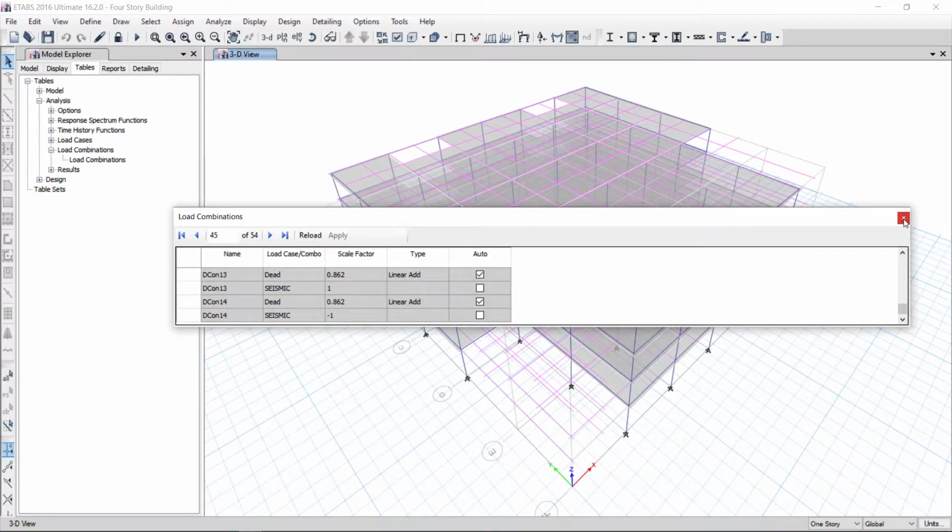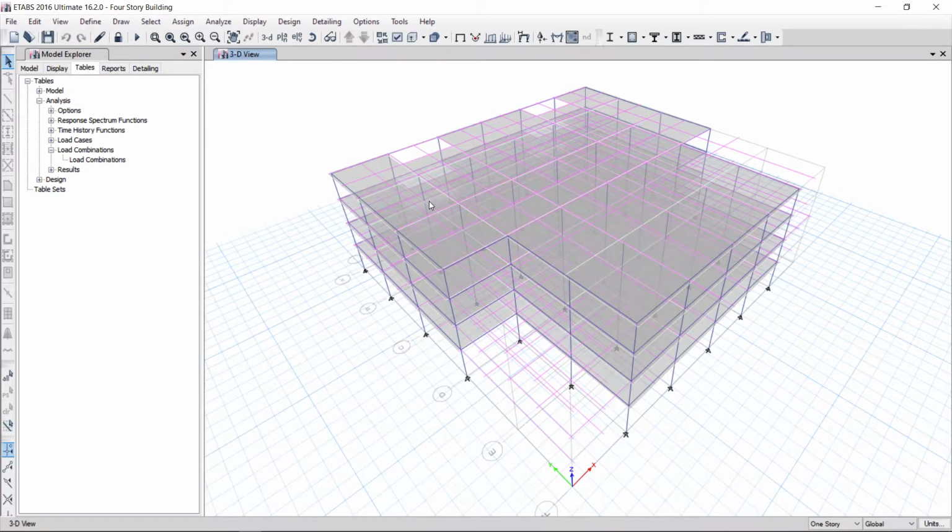That means the live load is not reduced to 0.5L.